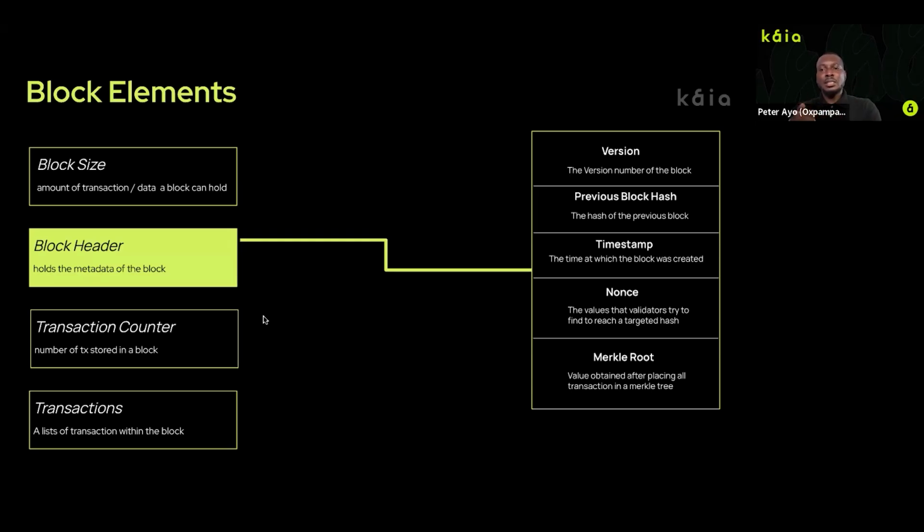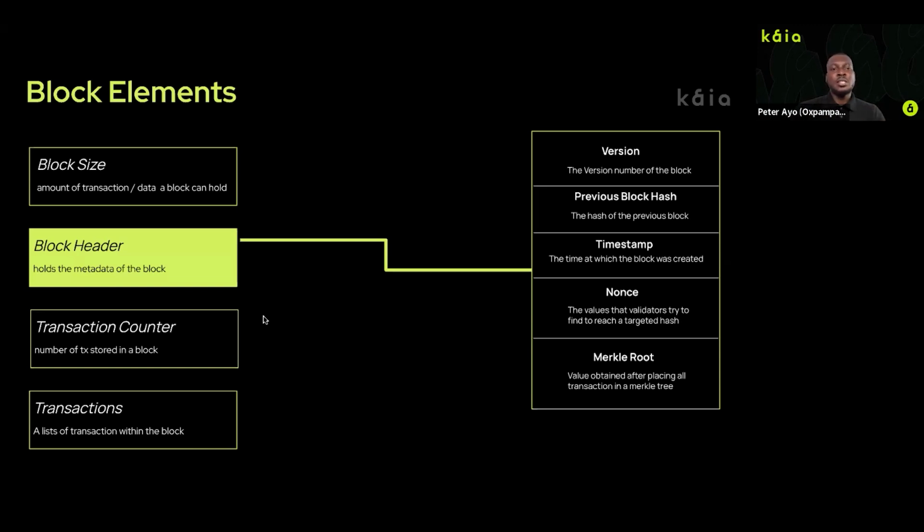What is a block size? A block size is the amount of transactions a block can hold. In most blockchains like Bitcoin and Ethereum, there is a limit on the amount of transactions their blocks can hold. This determines the network throughput and speed. Throughput is how fast a blockchain can propagate transactions and verify them.